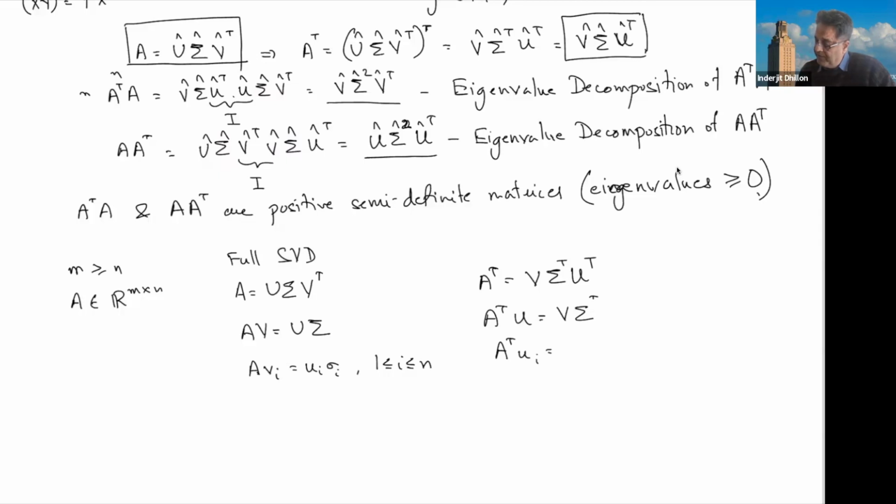A transpose Ui is equal to Vi sigma i for i between 1 and n, because there are only n V's. And then for the rest, A transpose Ui equals 0, for n plus 1 less than or equal to i less than or equal to m.